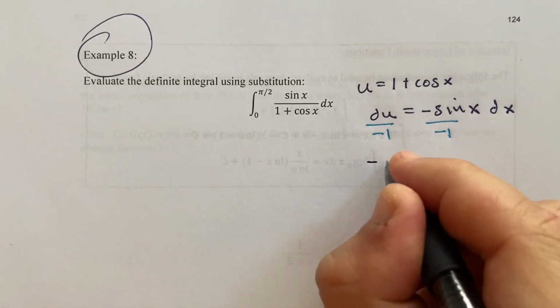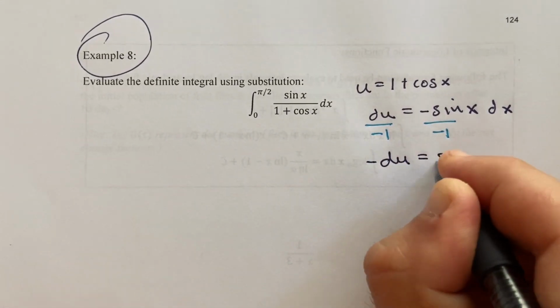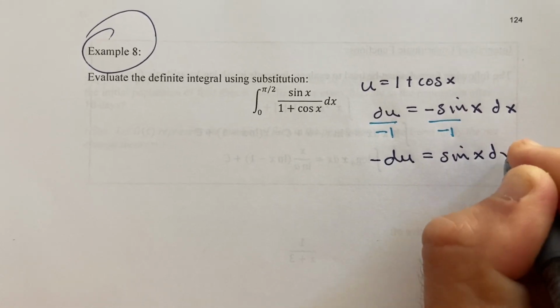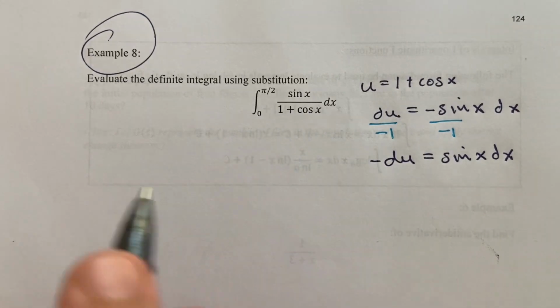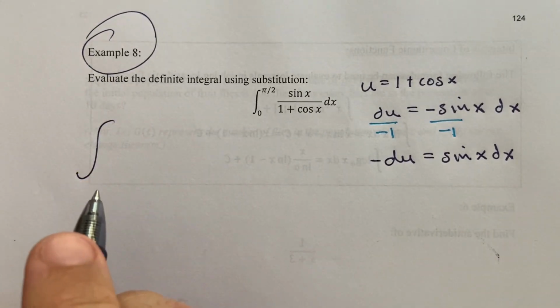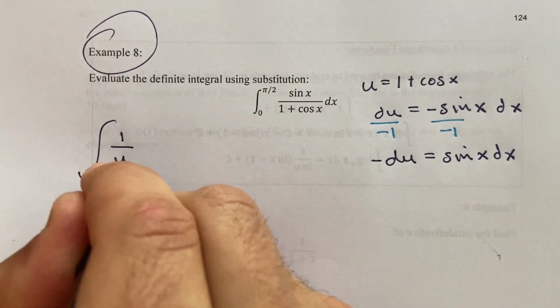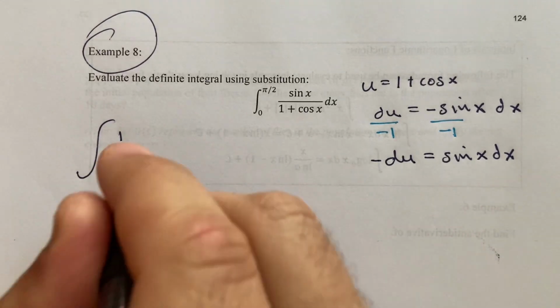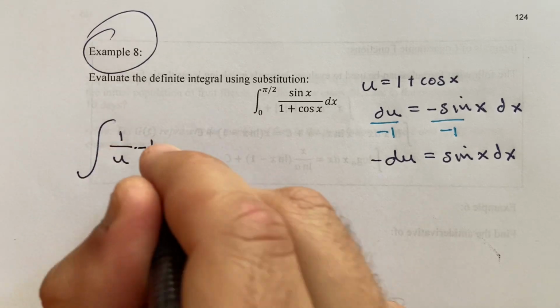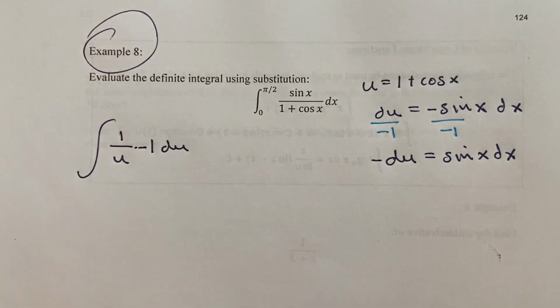So I'll have that negative du is the same as sine x dx. Okay, so I can make all my substitutions now. We have 1 over u. Instead of sine dx, I have -1. So this is like multiply -1 times du.